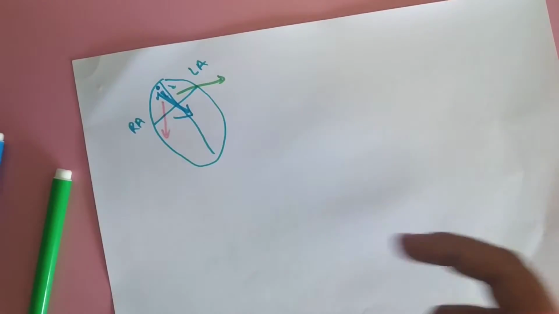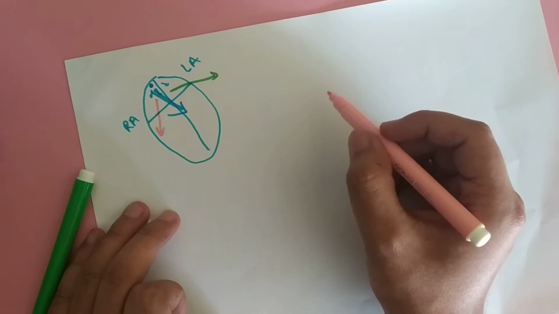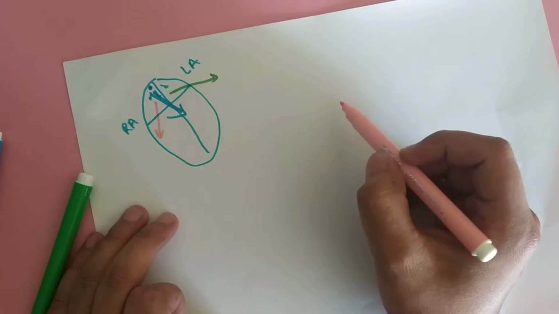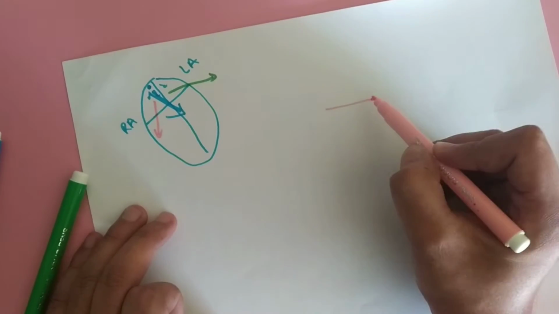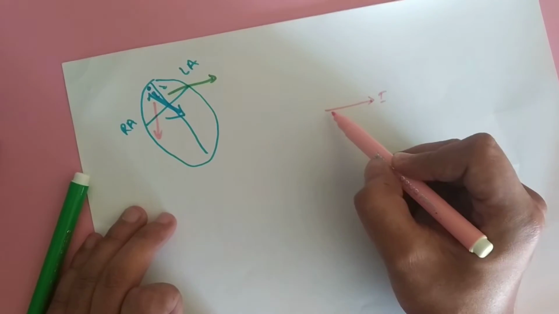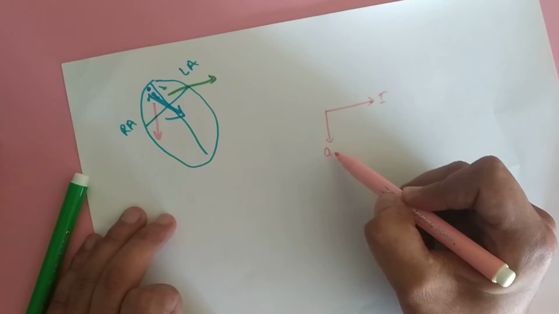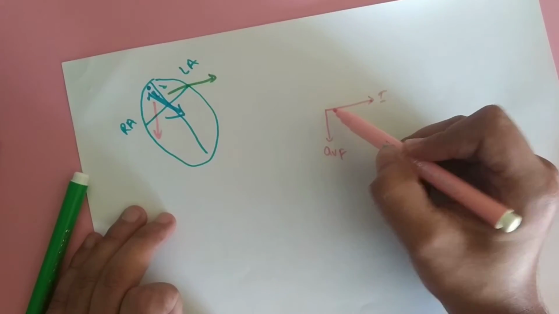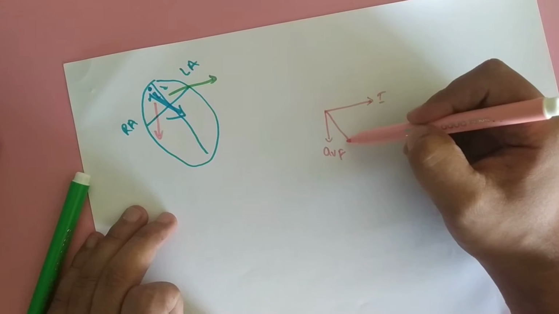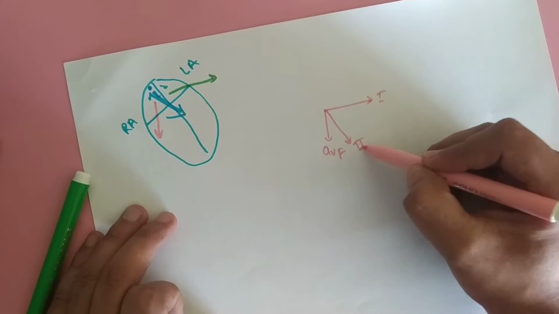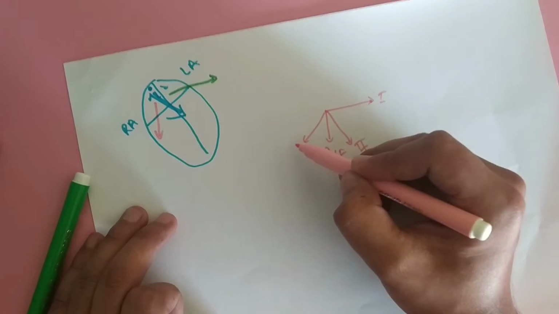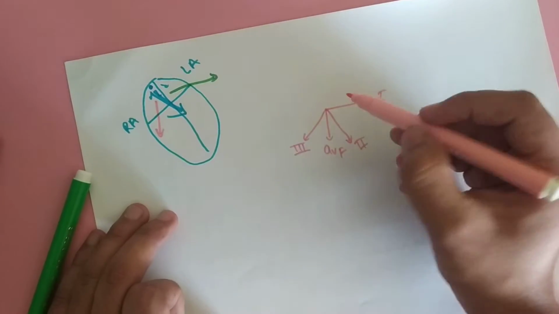Now once again let's recall our lead diagram. This is lead 1, this is AVF, and you can see this is lead 2 and this is lead 3.